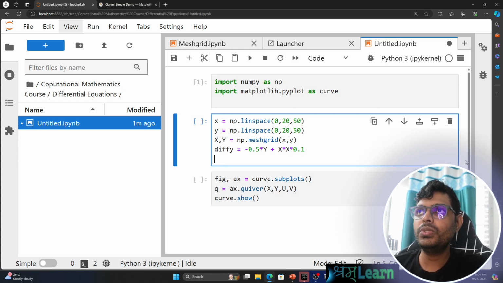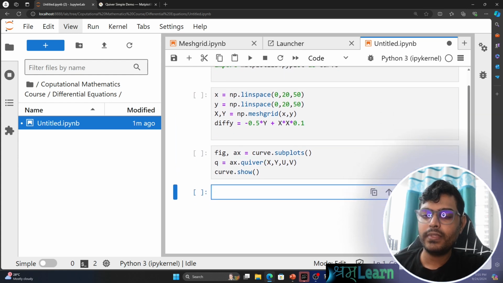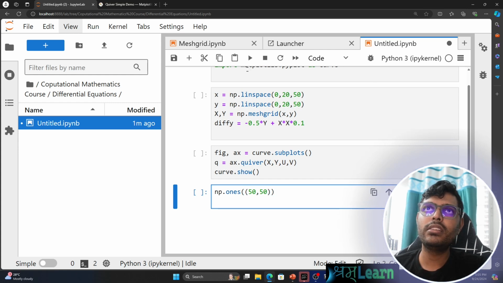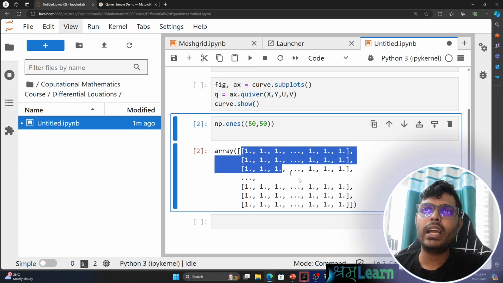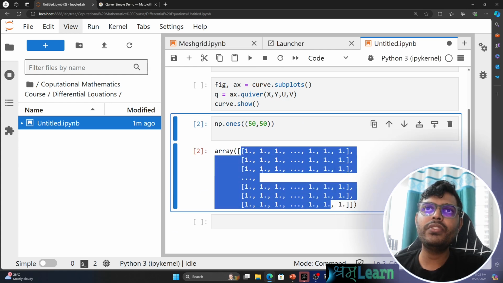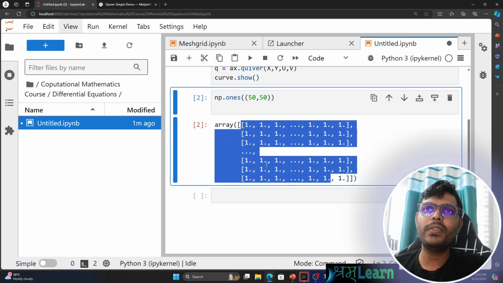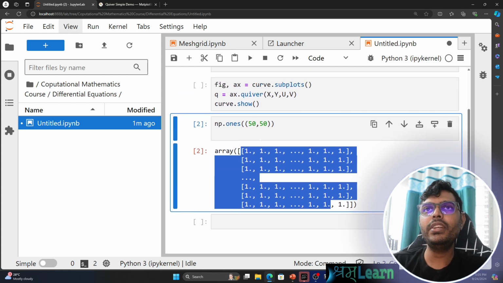Let me show something here. Let me write np.ones, and inside I will say 50 comma 50, and if I hit enter, I'll get 50 rows of ones, and each row having 50 ones.